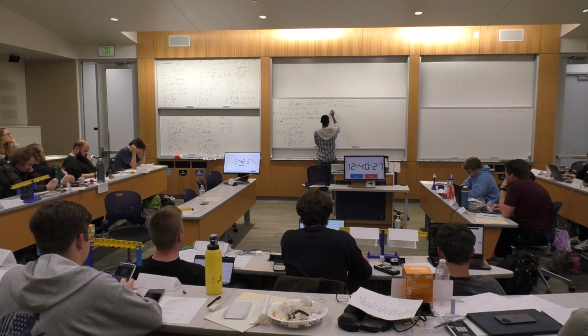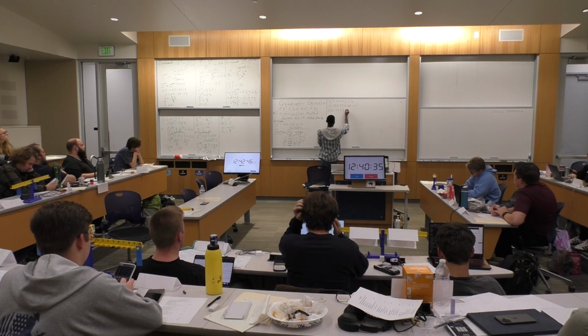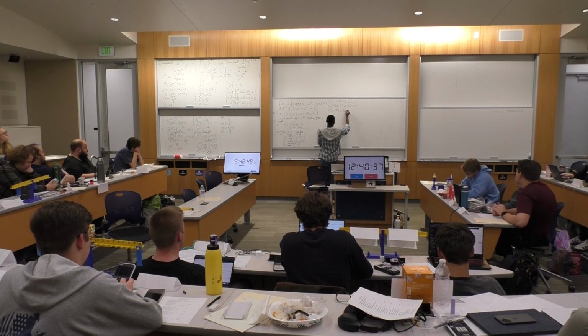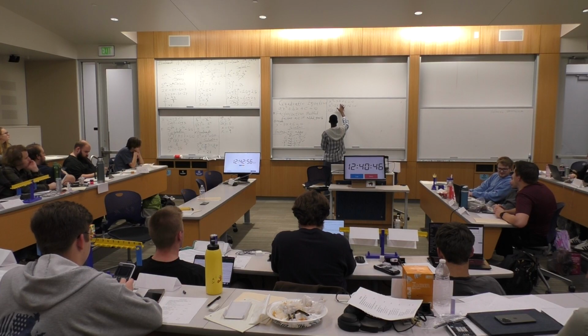You factor out x here, you will be left with x minus 2. Here we have factor out 3. This is negative 2 and negative 3.